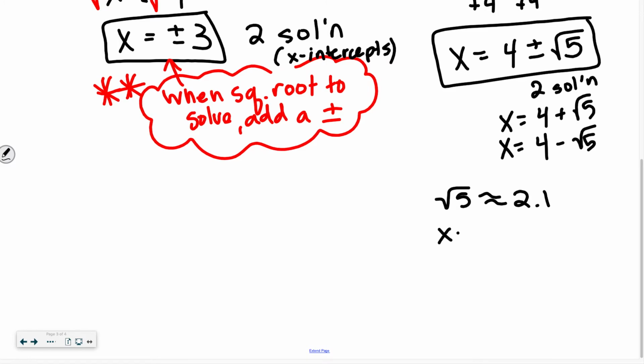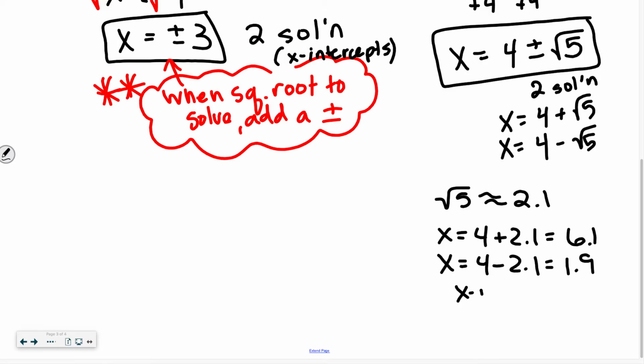Then one answer is 4 plus 2.1, an x-intercept a little bit past 6. And x equals 4 minus 2.1, so an intercept really close to 2, but not quite 2. So those would be x-intercepts on the graph if you wanted to plot them: 6.1, 0, and 1.9, 0, for graphing purposes.